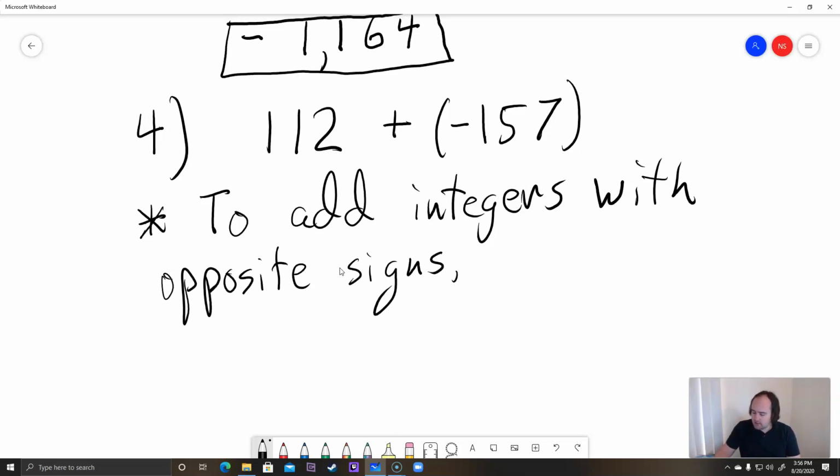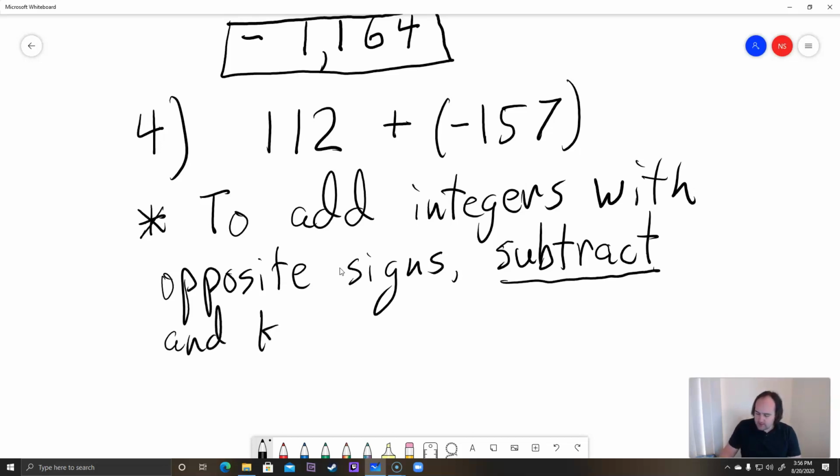Okay? So subtract and keep the sign of the larger number.